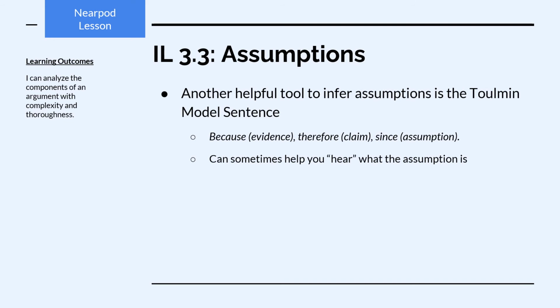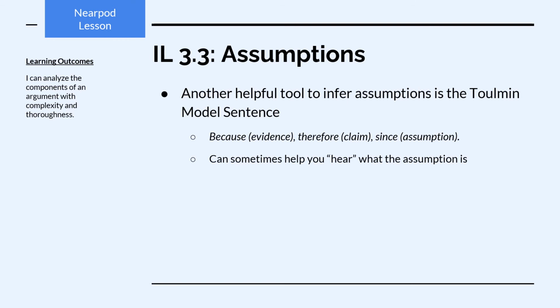Another helpful tool to infer assumptions is something called the Toulmin model sentence. The Toulmin model sentence is something we've touched on very briefly last semester, and it goes something like this. Because evidence statement, therefore claim statement, since assumption statement. Now, what's good about the Toulmin model sentence is that it can sometimes help you hear what the assumption should be.